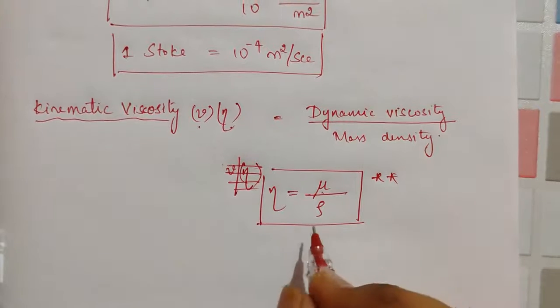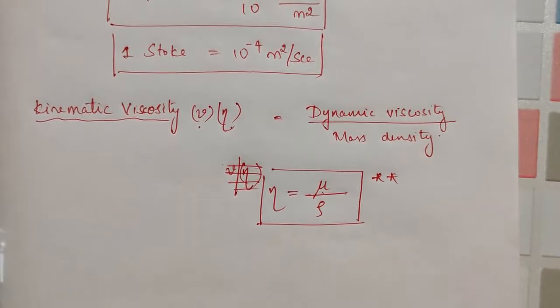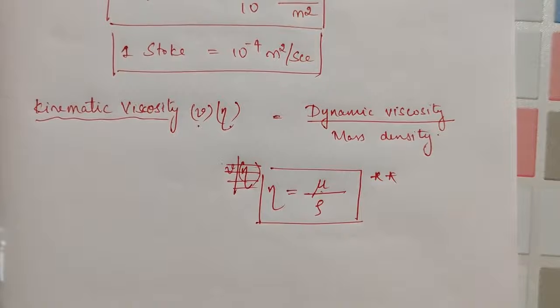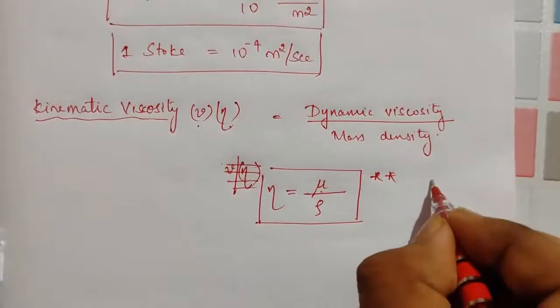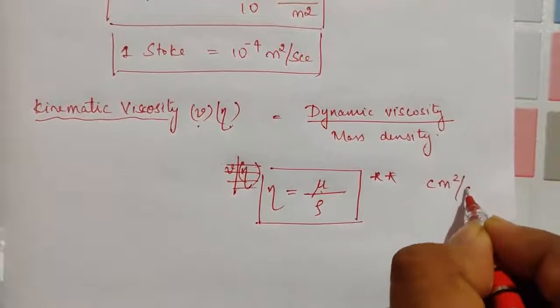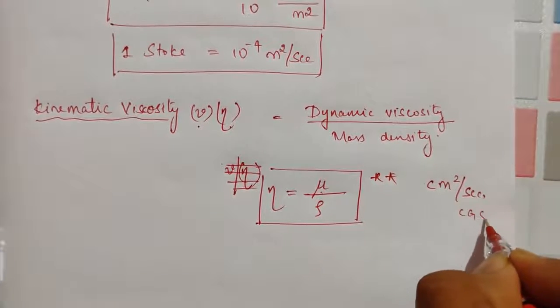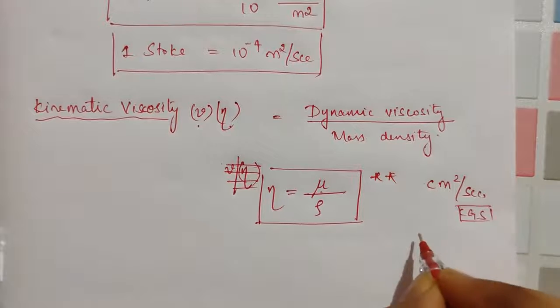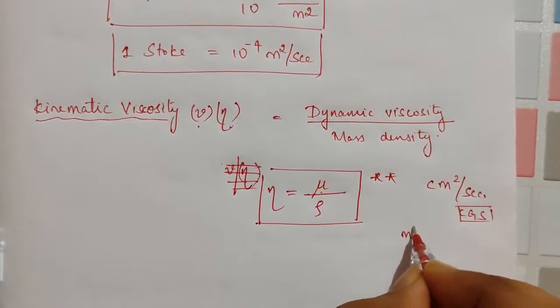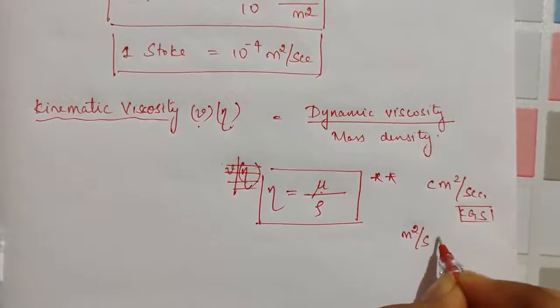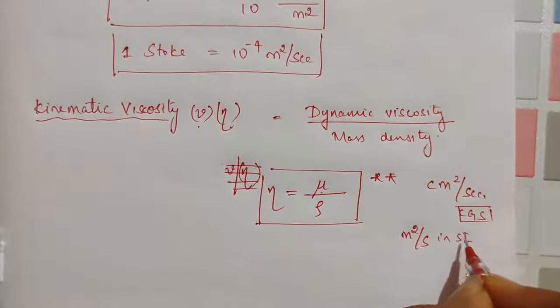So this unit may be in terms of Stokes. What is the unit of this? Centimeter square per second in CGS system, or meter square per second in SI system.